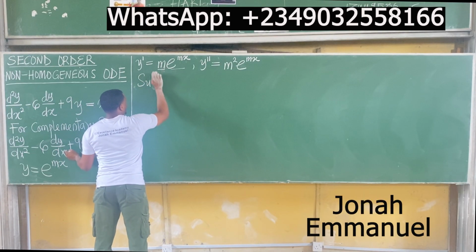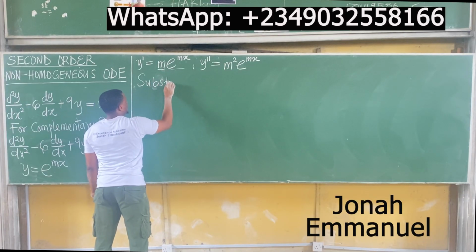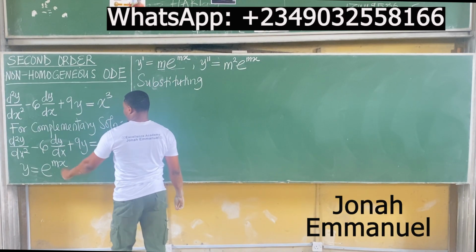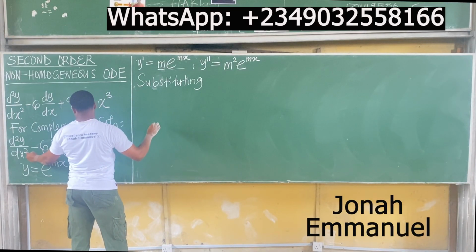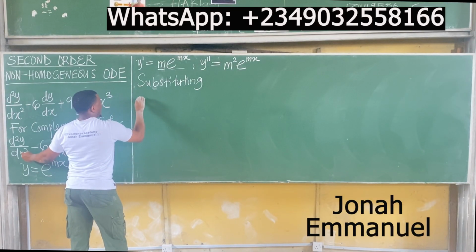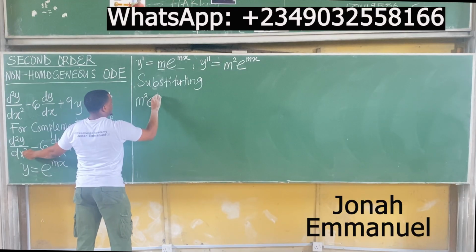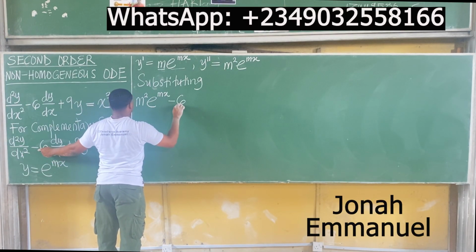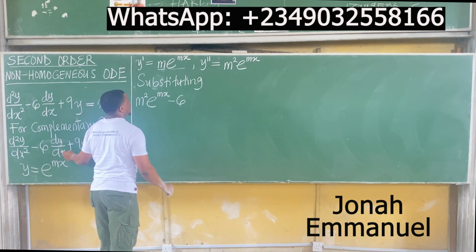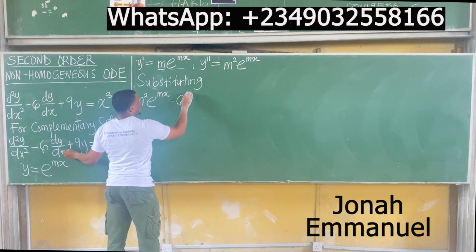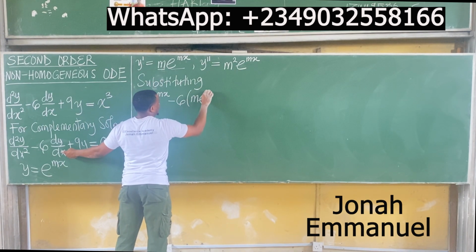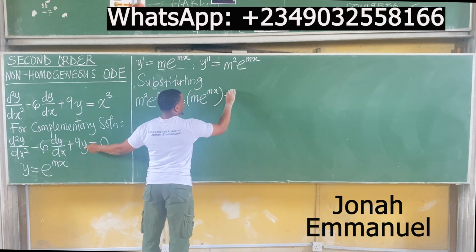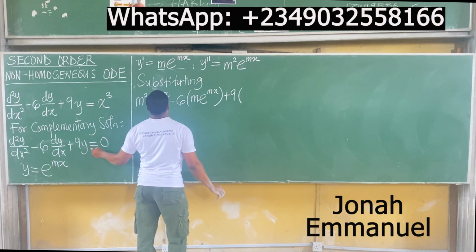Substituting. If I substitute, what do I get? This is y prime prime, so this becomes m squared exponential mx, minus 6 into, this is dy/dx, or y prime, which is m exponential mx, plus 9 into y.